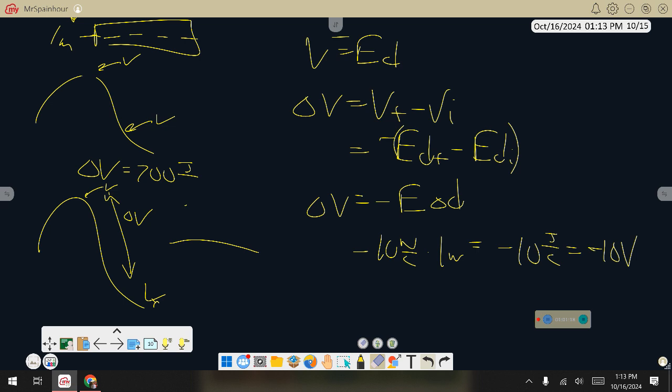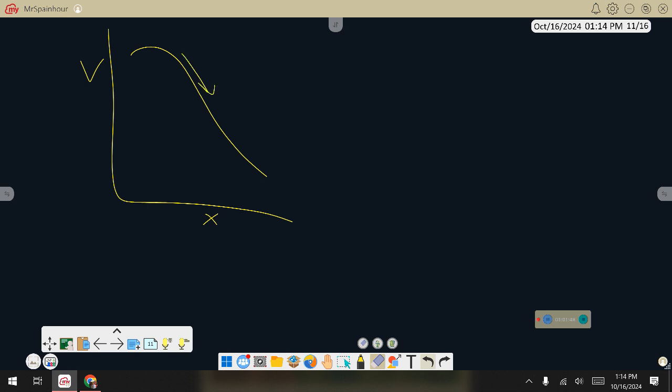Positives go the opposite way of negatives. Yes? And we don't care, because we don't know. Meaning, if this was a potential curve, potential related to just some distance in the x, so it's moving along the x, what we would expect a positive to do is go this way.